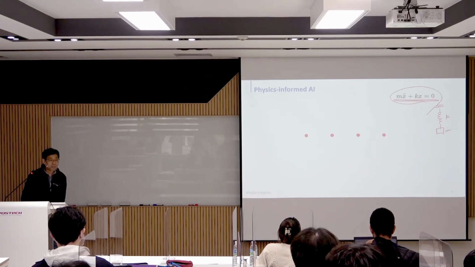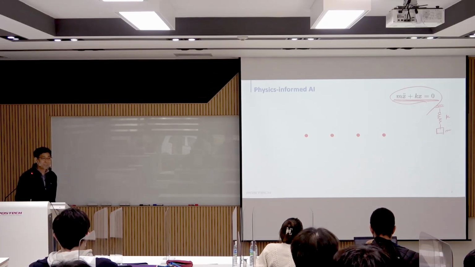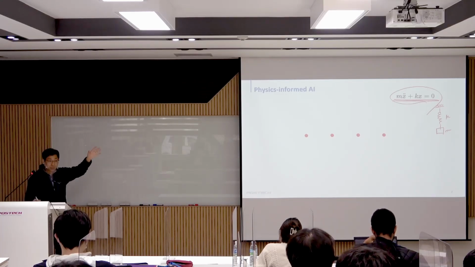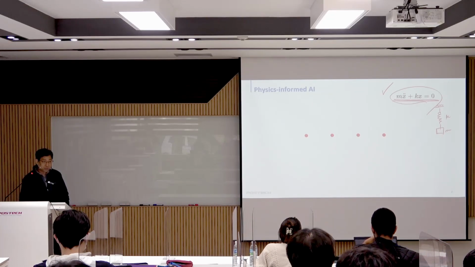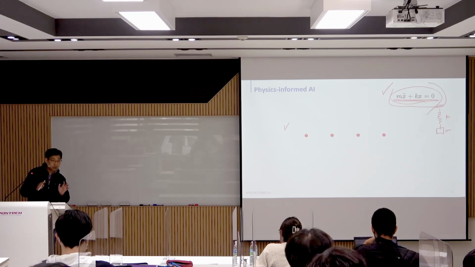If you recap what you learned in a dynamics or vibration class, suppose somehow somebody told us that that's the governing equation. And these are the data points that we collected or measured. This one, of course, has nothing to do with the data points.